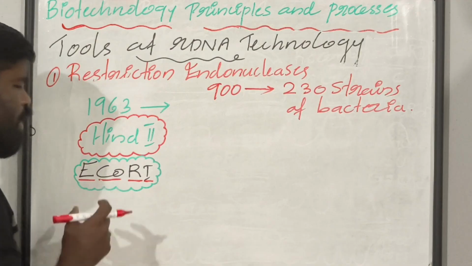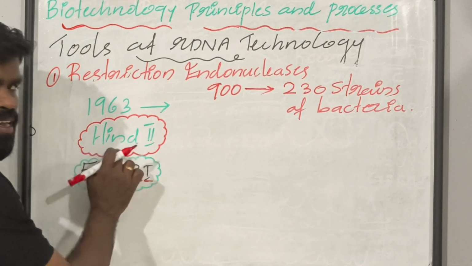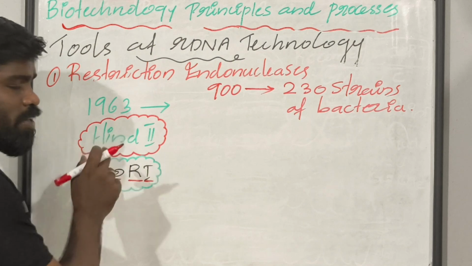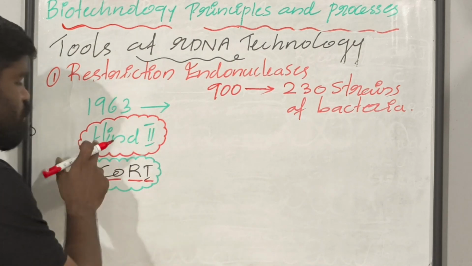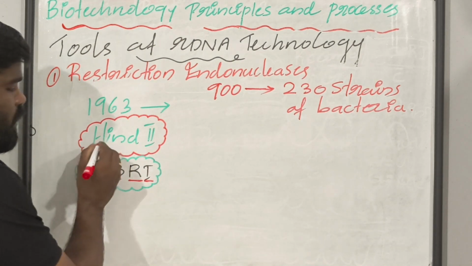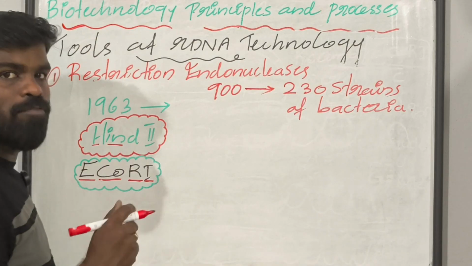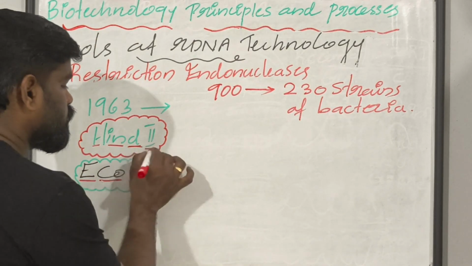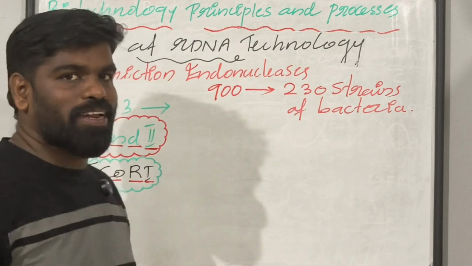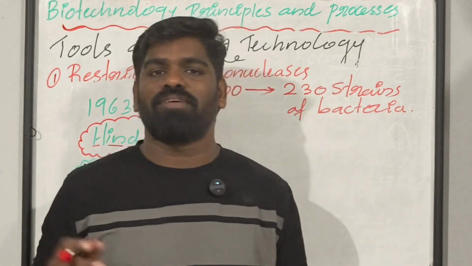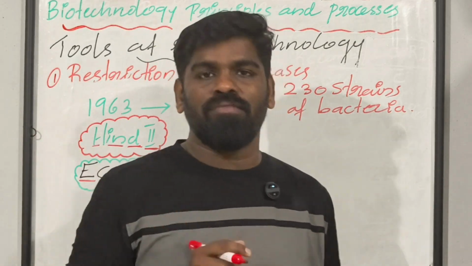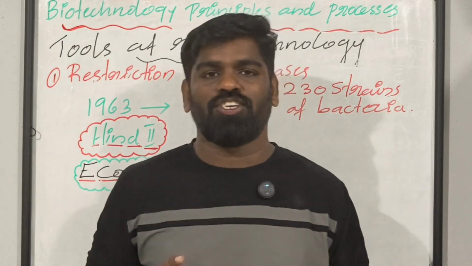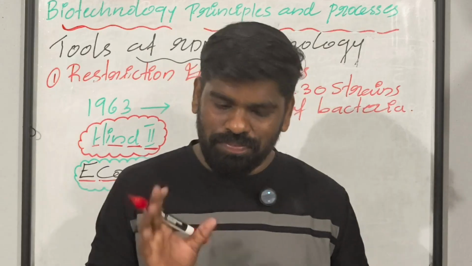Now, we can also elaborate with one more example. H indicates that it is isolated from Haemophilus. The second two letters IN, influenzae. D is the strain of bacteria. The Roman number indicates the order in which this enzyme was isolated from the same strain of bacteria. So that is the naming of restriction endonucleases.